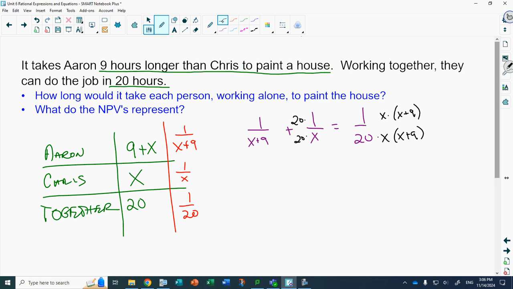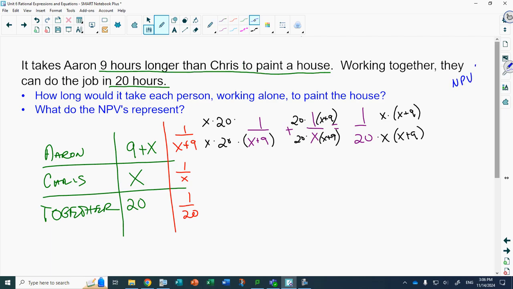And it looks like it's missing an x plus 9. Isn't that interesting? And then over on the left side here, what is that missing? That's missing, of course, a 20, and it's missing an x.